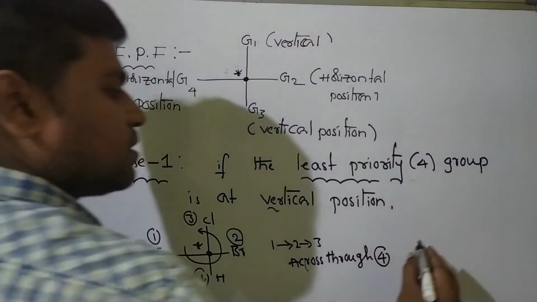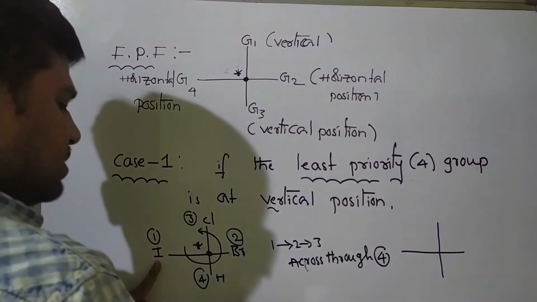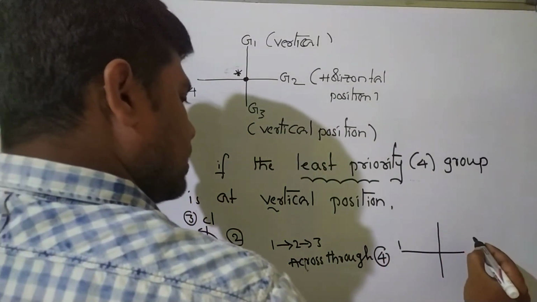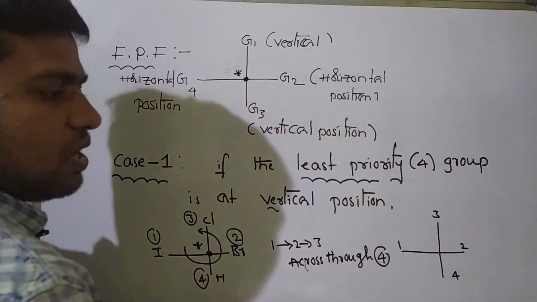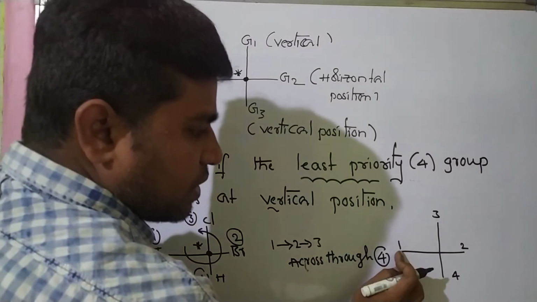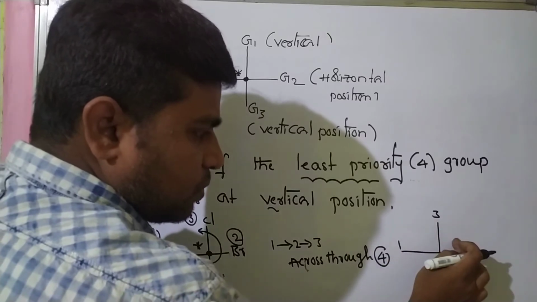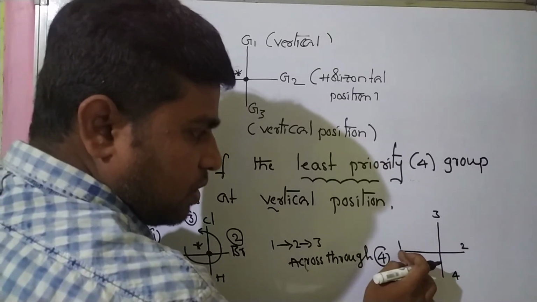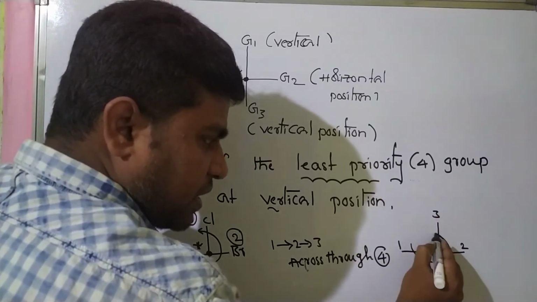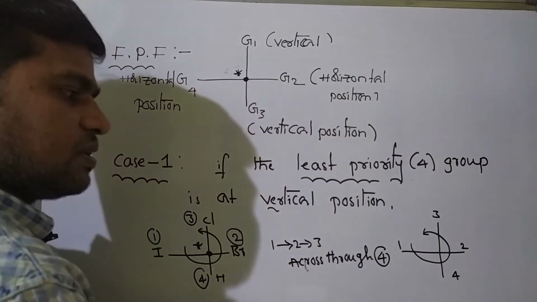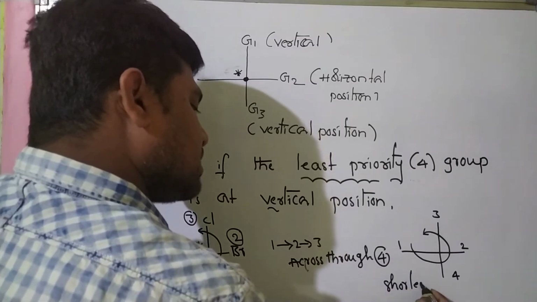This is a very easy concept. So these are 4 different positions. This is 1, here 2, this is the third priority group, here the fourth priority group. Now we must go 1, 2, 3, not like this. 1, 2, 4 is wrong. 1, 2, 3. This is the original rotation path, meaning the shortest path. We must always select the shortest path.